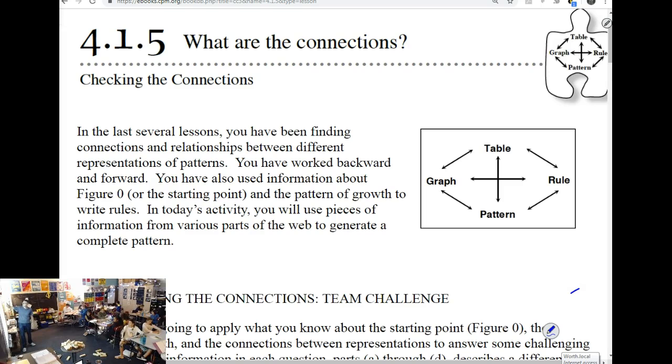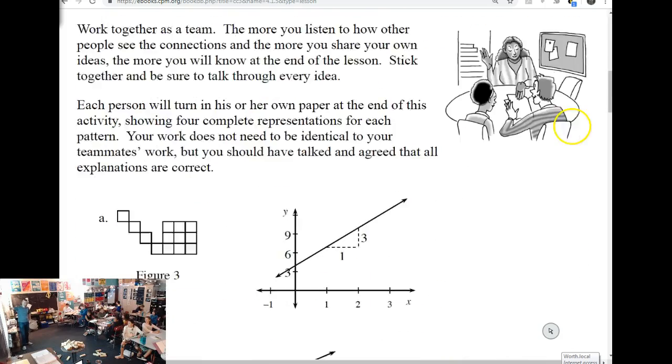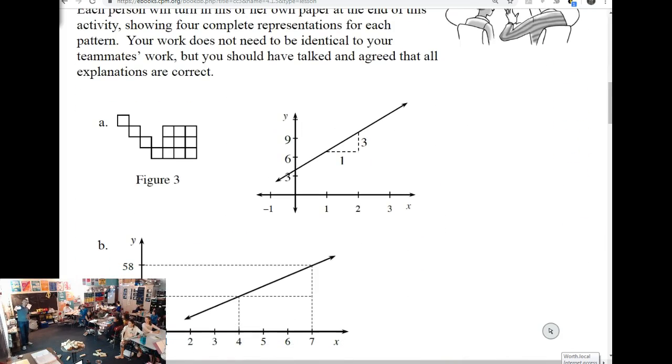Not clear. There has to be ink for me to be able to capture it. So, graph, we're good. Pattern, we're good. We're missing table and rule, right? So please, in your notes, set up a table and a rule.